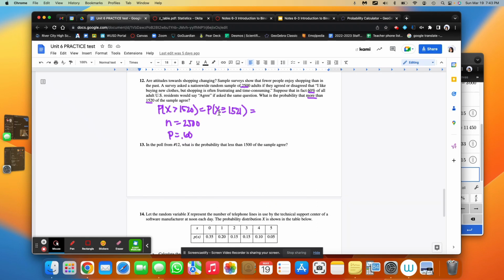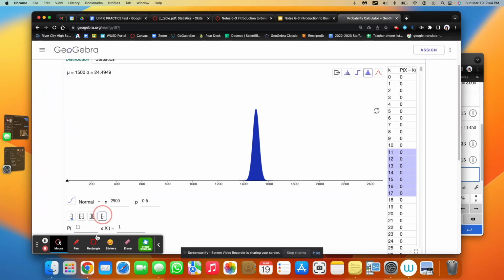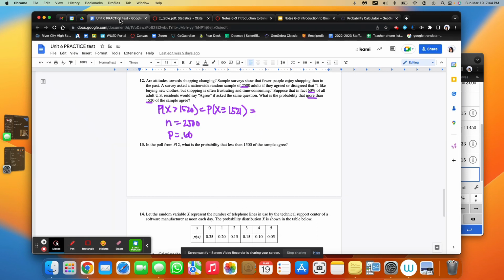Then we're looking for greater than or equal to 1,521. In this case, it's a little slow because there are thousands of results here, but this is the sum, so 0.2014. So the probability that more than 1,520 of the sample agree is 0.2014.